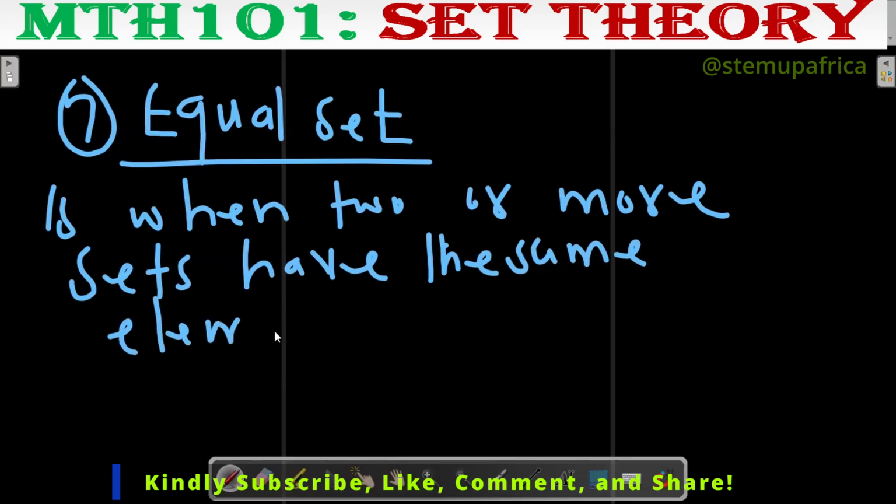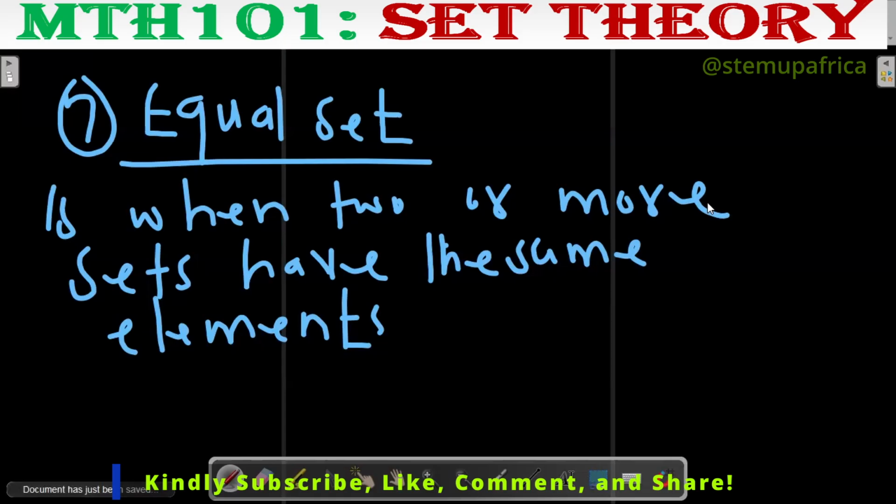When two or more sets have the same elements, we call that an equal set.